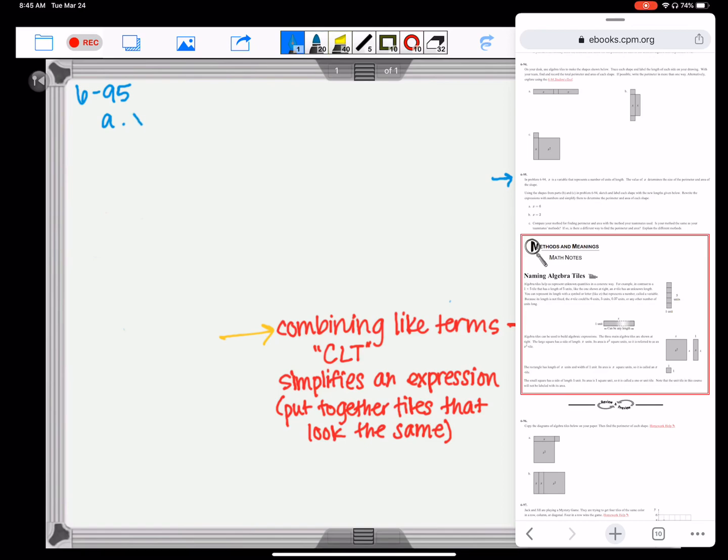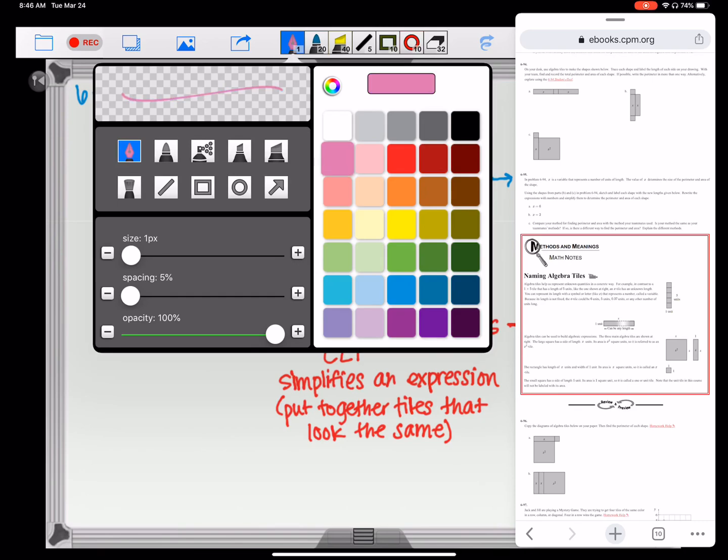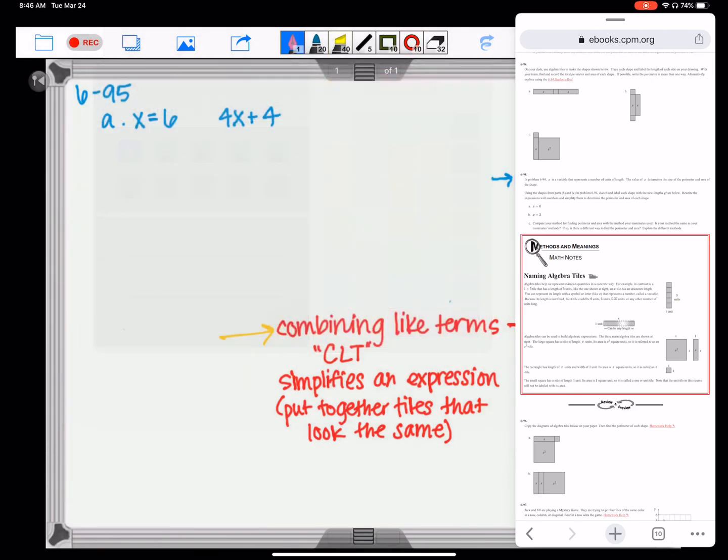So for part A, X is going to equal 6. And if you remember, our formula for 6-94 was 4X plus 4, the one that we just did. So whenever we see X, I'm going to substitute 6.